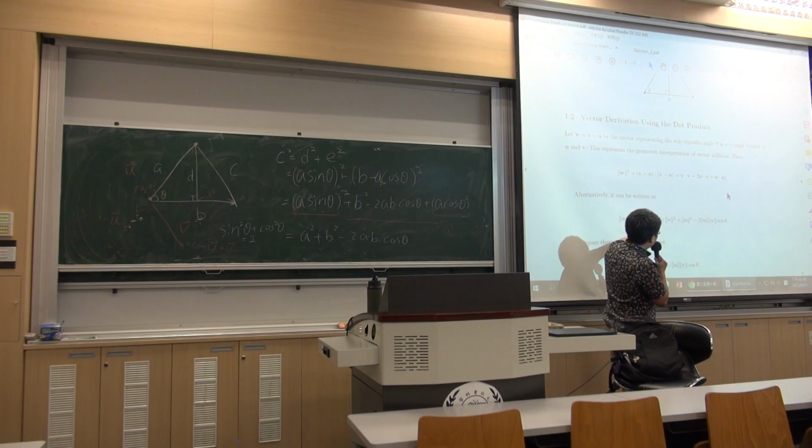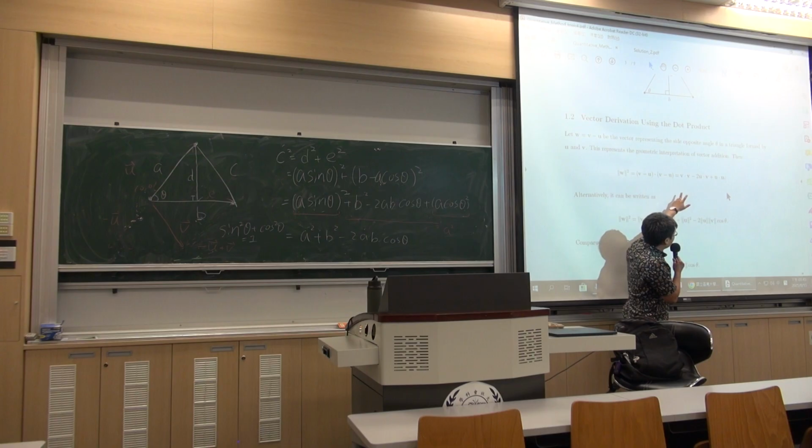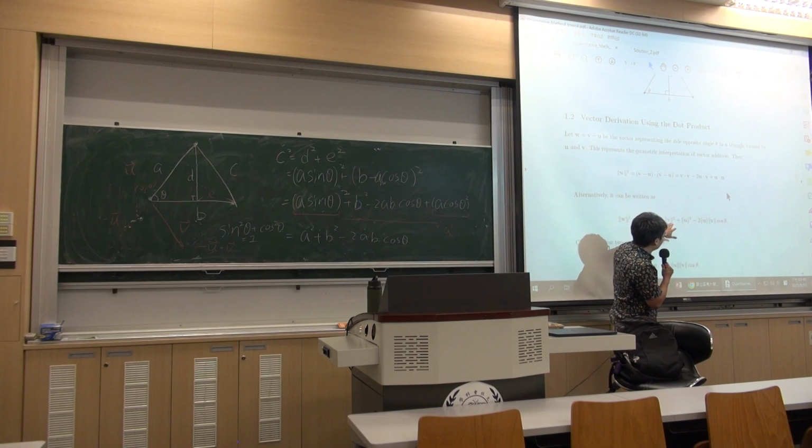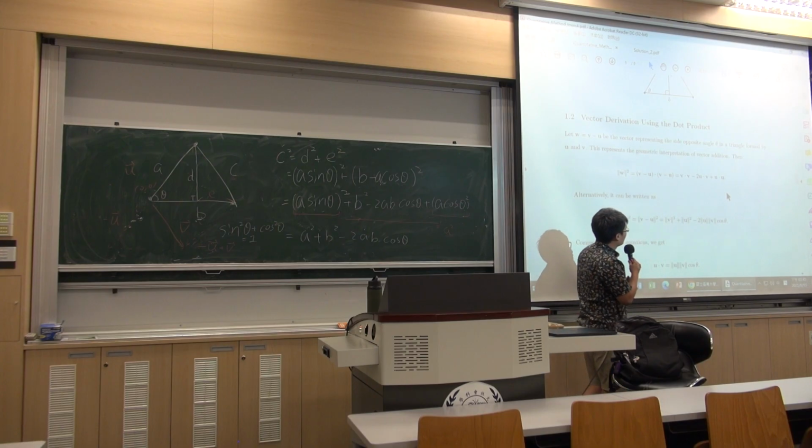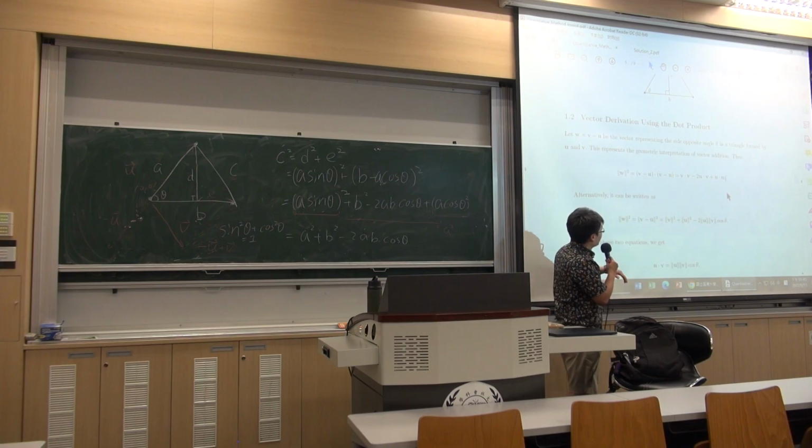Okay, so remember that when we talk about the norm, it is the inner product and then take the square root out of it. But now we directly have a power of 2 here, so we don't need to do anything here.